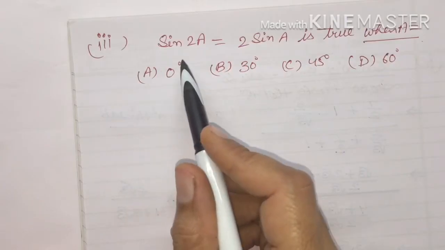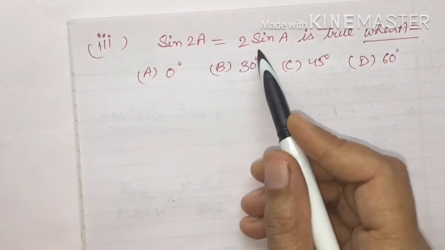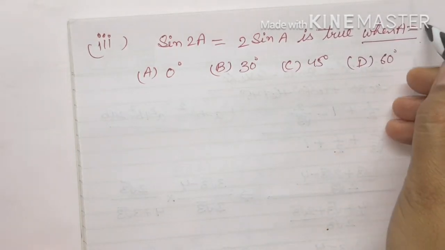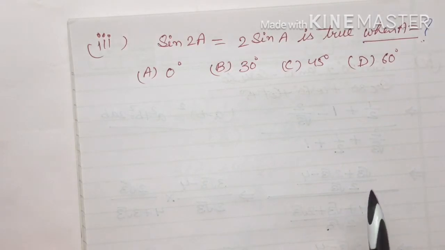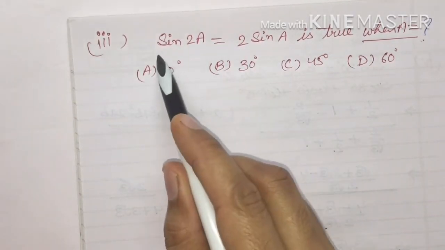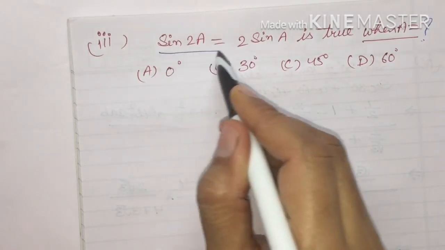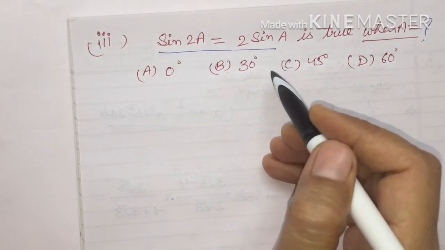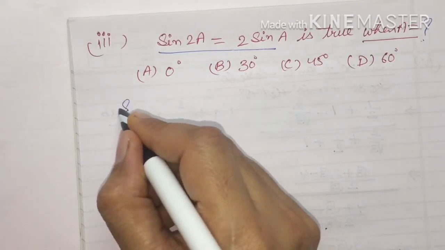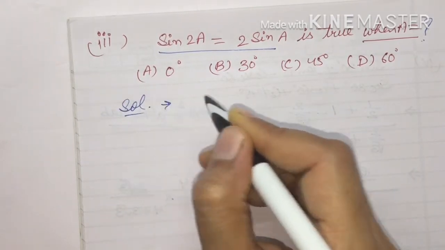Third part is: sine 2A is equal to 2 sine A is true when A is equal to what? We don't know. We have to find the value of A, for which sine 2A will be equal to 2 sine A. These options are given. So first we will check this for 0 degree.